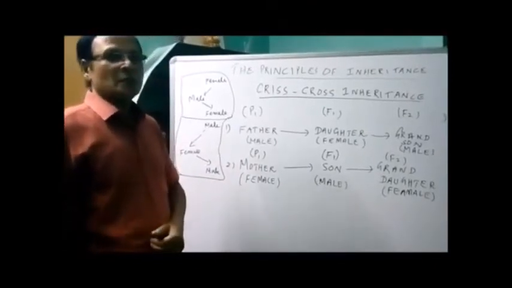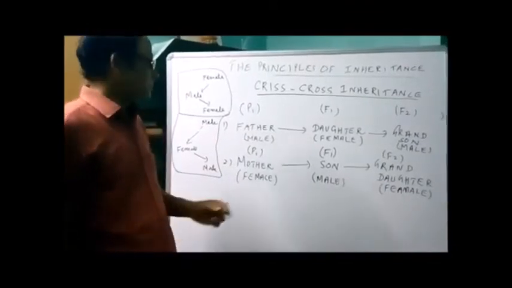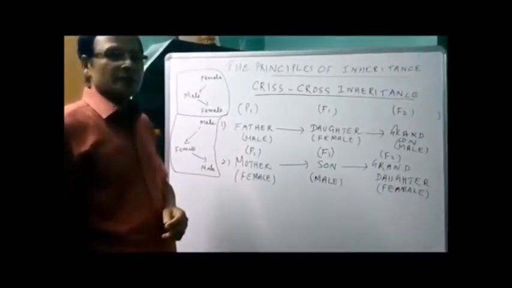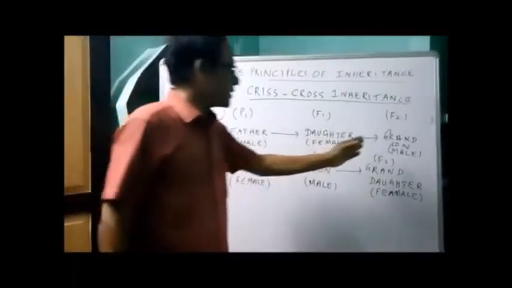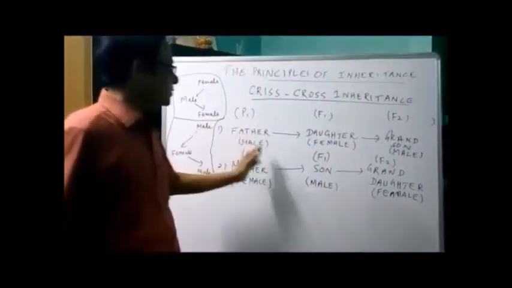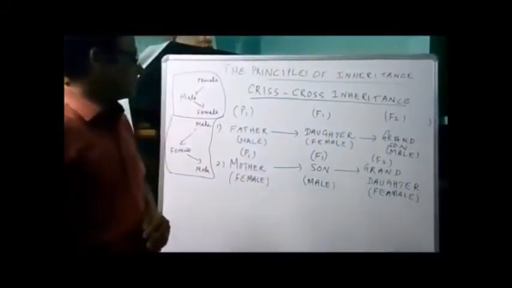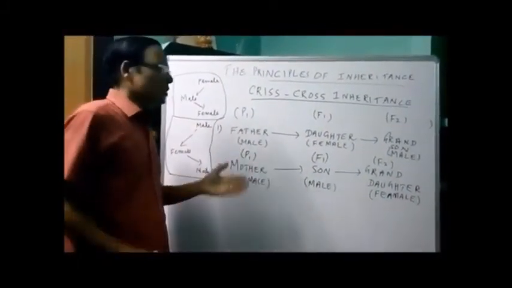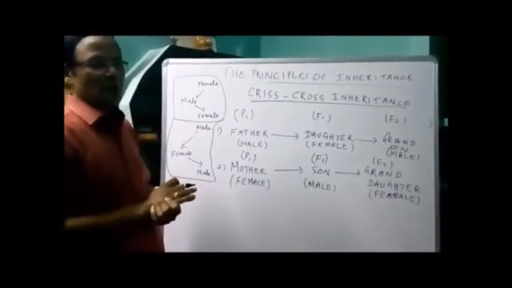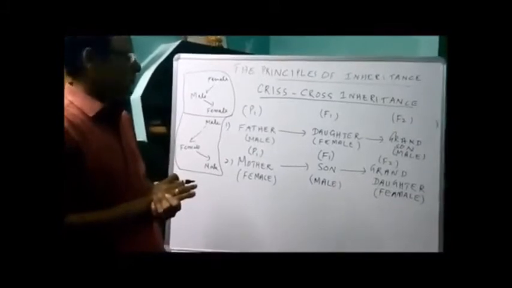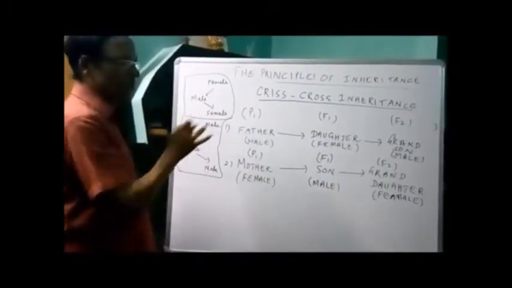Now, in crisscross inheritance, the sex-linked characters are passed on from father to grandson via the F1 daughter, that is, the transmission of characters from male to male via female. See that: male, female, male in a zigzag manner.